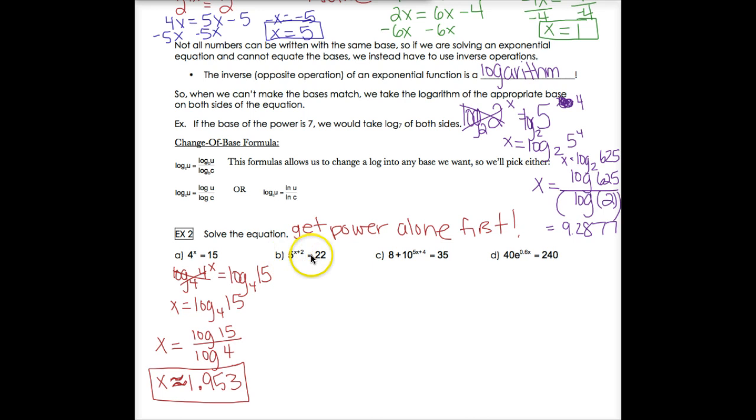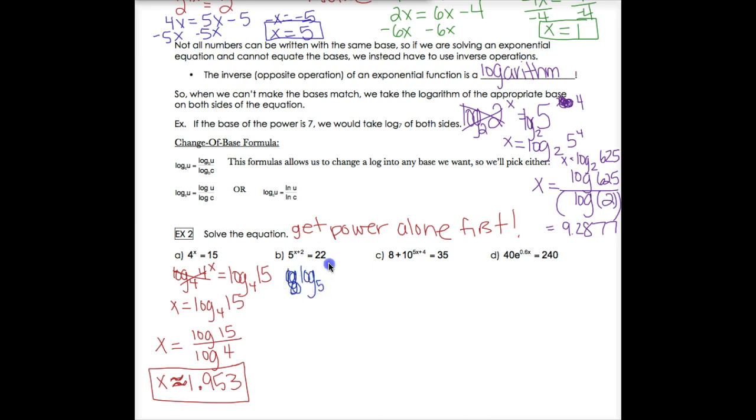All right, next one. Get the power alone first. It is alone. So that means next I need to take the appropriate log on both sides. So the base of the exponential is 5. So I need to take log base 5 on both sides. And of course I just wrote LG instead of LOG. Goodness.